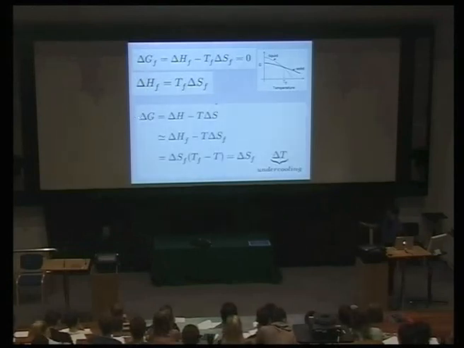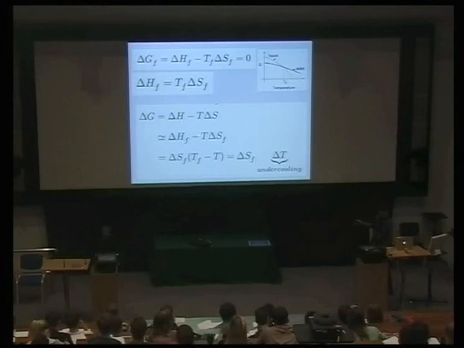If I do that, then for the general equation describing the difference in free energy between the liquid and solid, I can simply substitute for this the enthalpy of fusion, and for this, the entropy of fusion. And this is now any temperature. Okay?